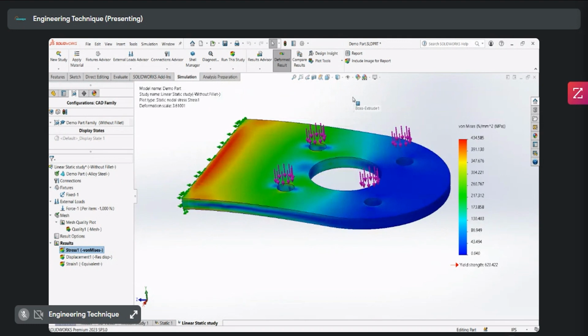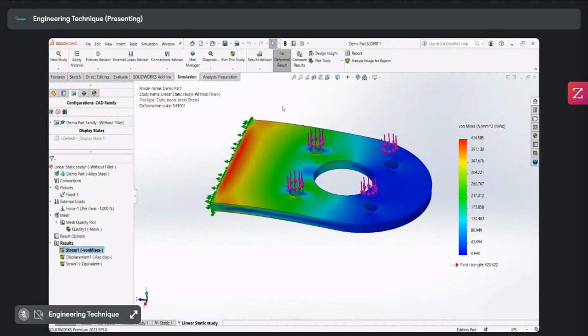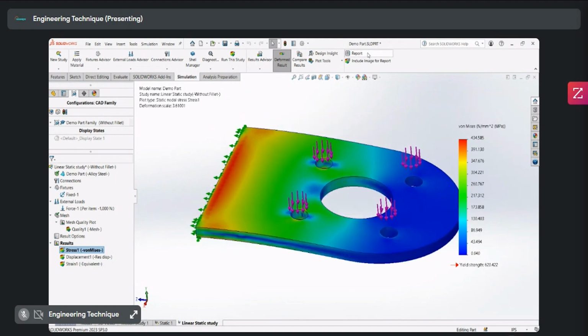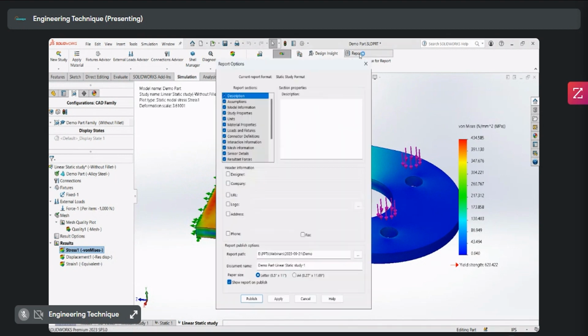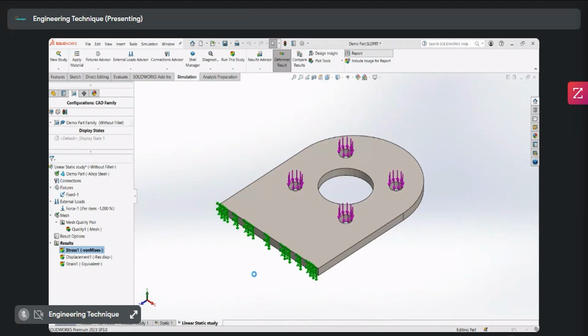The main thing is that the manager wants all this stuff in a report. SolidWorks has a tremendous facility. This is the tab by which you can generate the report. You simply click the report part, then you just click this and publish, so it will automatically generate a report.